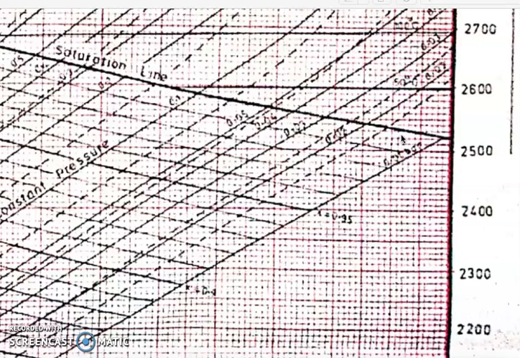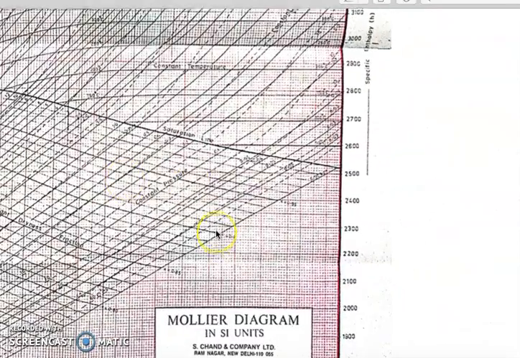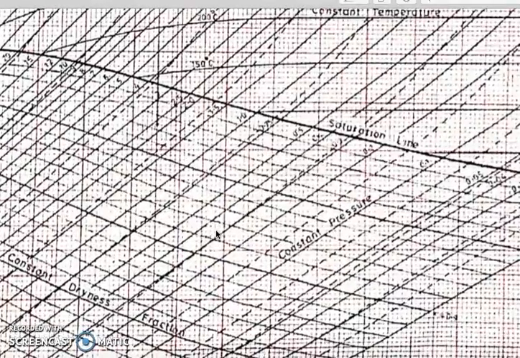This will be 0.9975, this will be 0.9925, or it may be approximated to other regions also. If it is here, then it will be 0.9915, fine. So like that we will approximate and get the dryness fraction. So this was for the wet region. Now I am moving on to the superheated region.